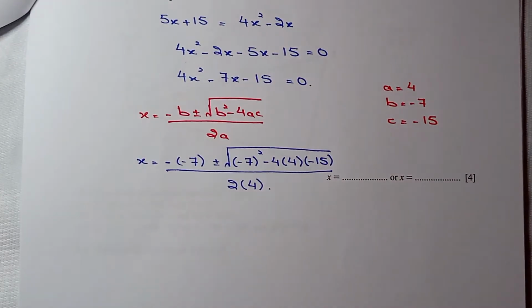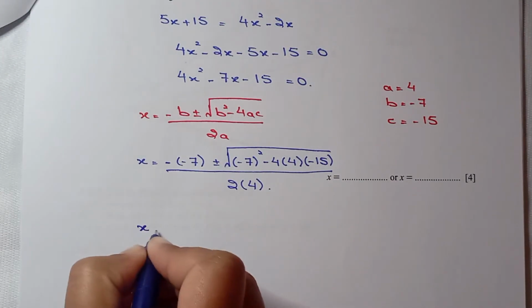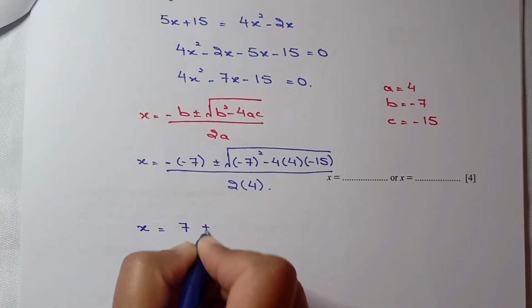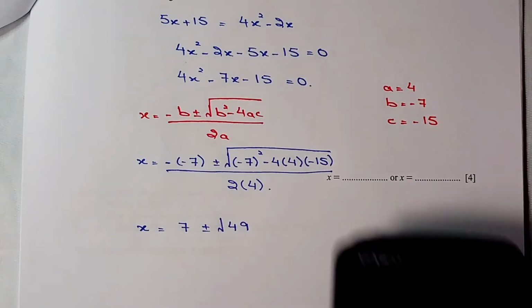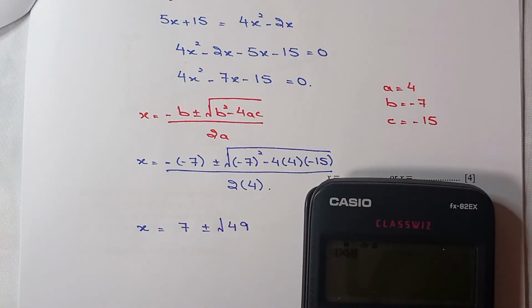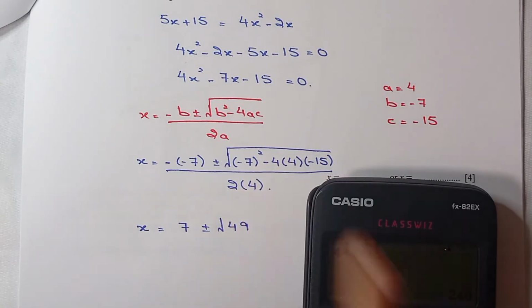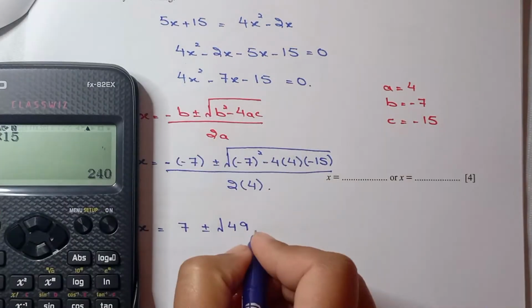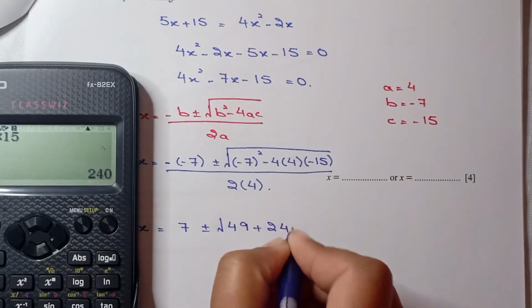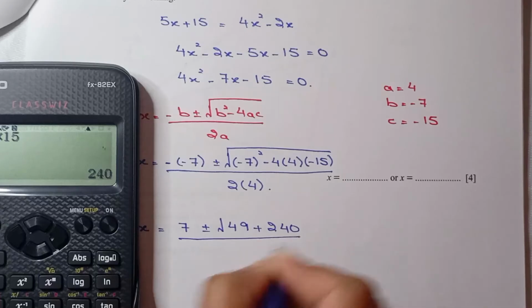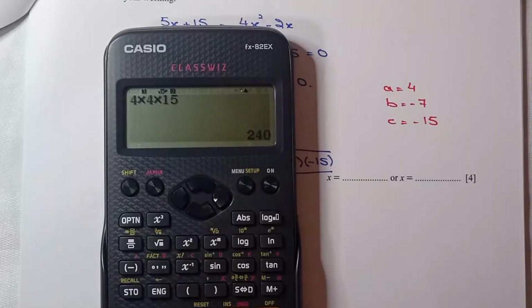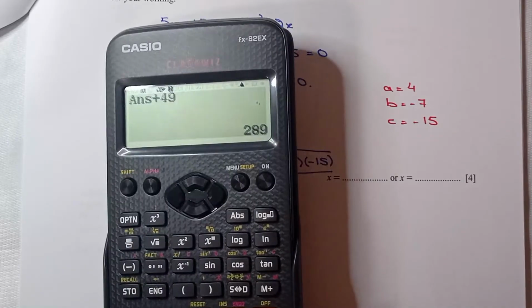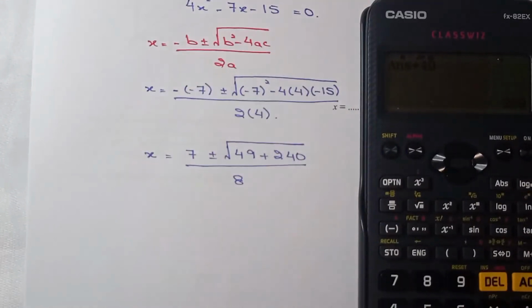Okay, now let's do a further simplification. So x would be equal to 7 plus minus square root 7 square is 49. And we have 4 times 15, and negative times negative would be positive, 240, divided by 2 times 4 is 8. 240 plus 49, 289.